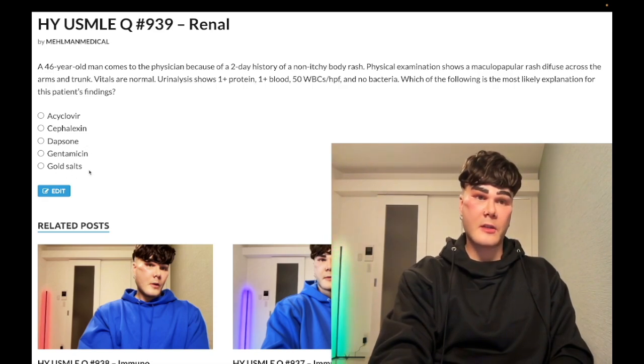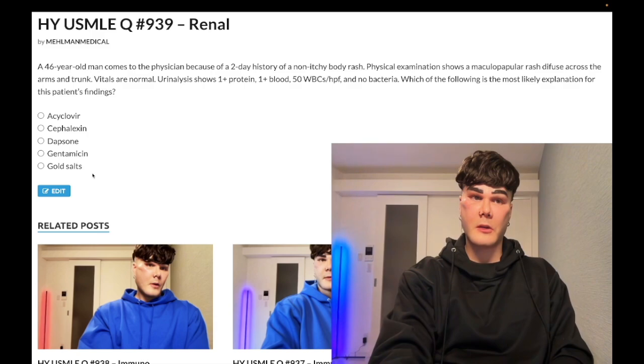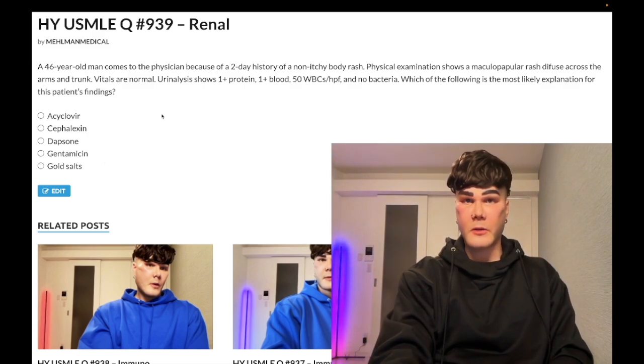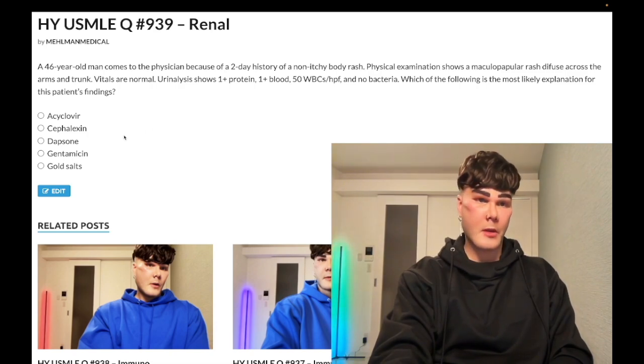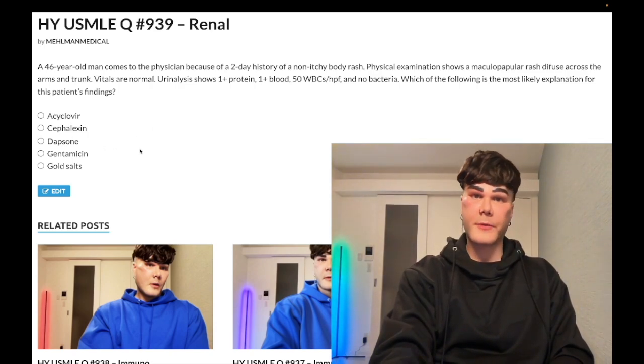Gold salts are an antiquated medication for rheumatoid arthritis, but still used in some parts of the world, such as India. But they show up on the NBME exam. Dapsone and gold salts cause membranous. Other causes of membranous: autoimmune diseases such as rheumatoid arthritis and SLE, cancers such as breast and pancreatic, or it can be primary, with antibodies against phospholipase A2 receptor. Choice C, wrong answer.